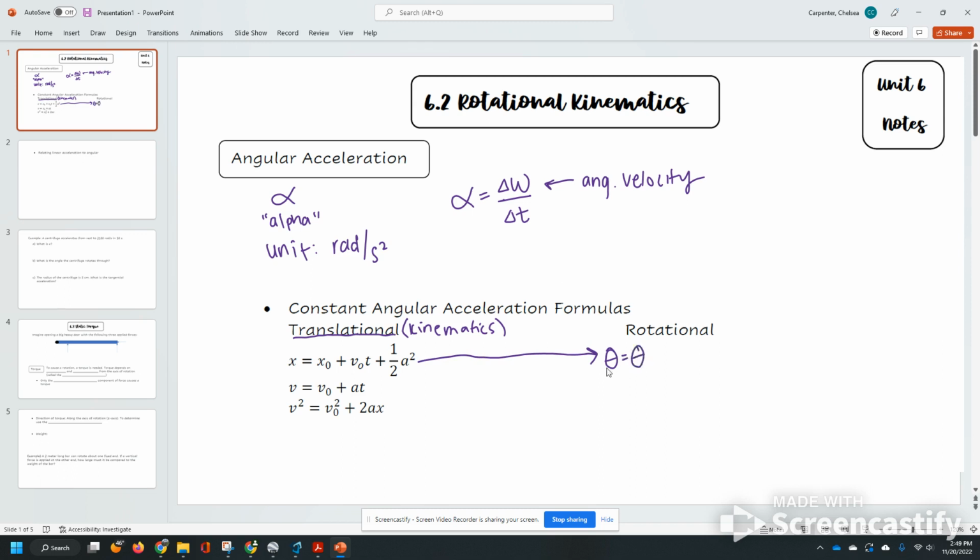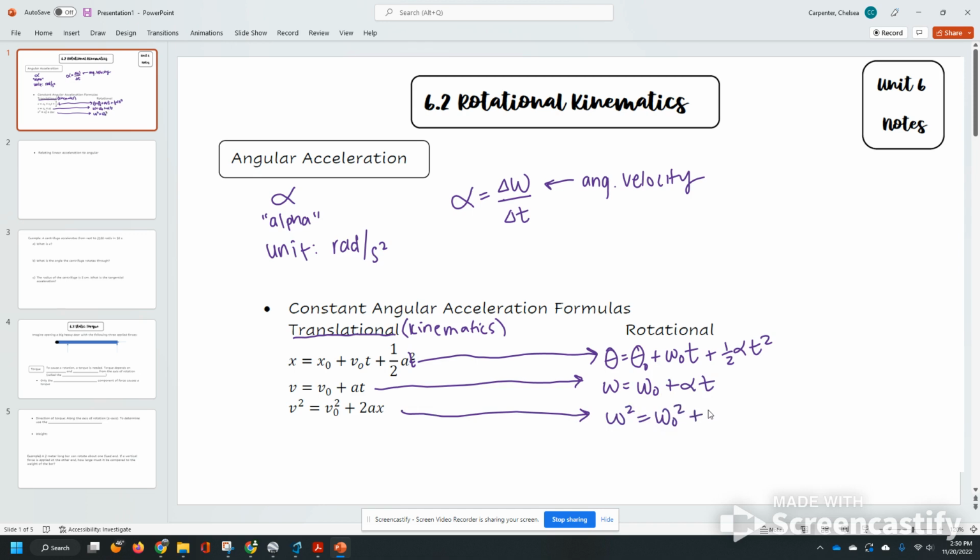So our final radian measurement is our initial, plus our initial angular velocity times time, plus 1/2 alpha t squared. And I forgot a t over here. Our next formula is final angular velocity equals initial plus angular acceleration times time. And then our third formula is final angular velocity squared equals initial squared plus 2 times alpha times my change in angle.